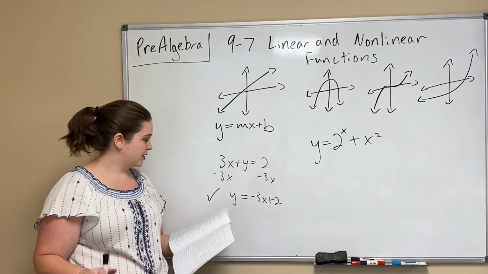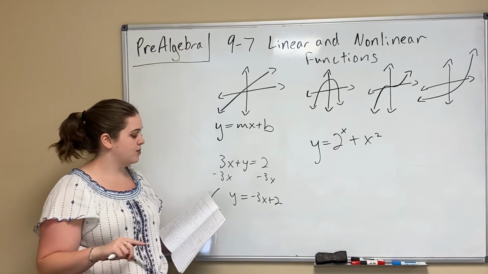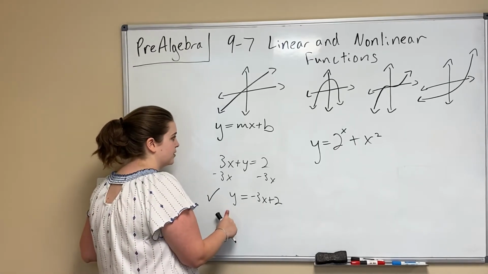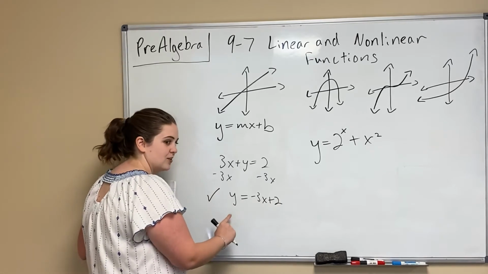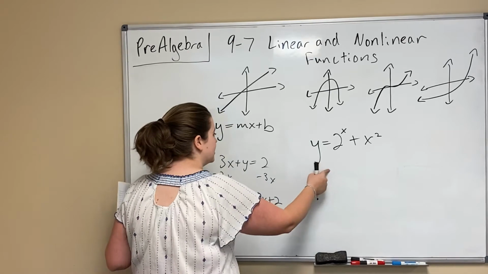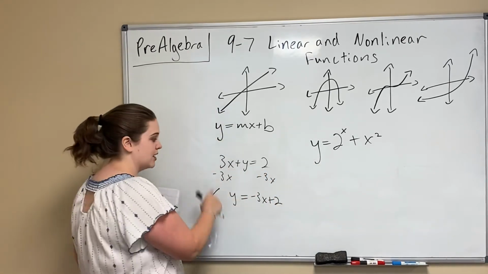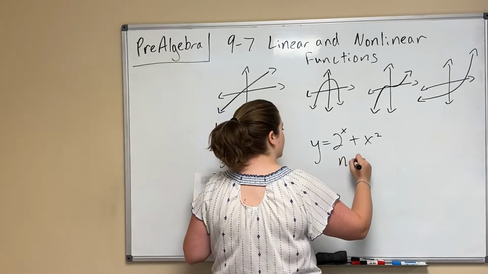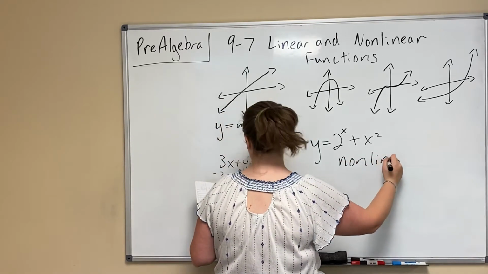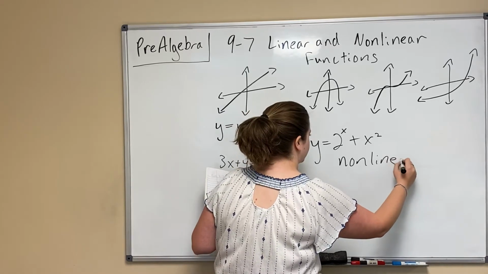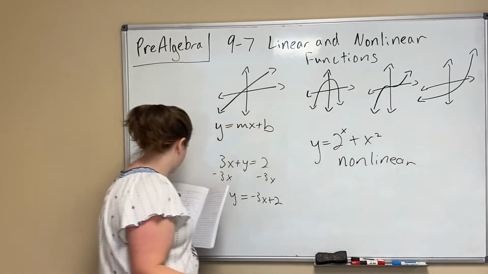So the first thing you're going to have to do on your homework today is figure out whether something's a linear equation or a nonlinear equation. If you get to something that looks like this and you know that you can't rewrite it like this, then we're going to call it a nonlinear function. This one is nonlinear.